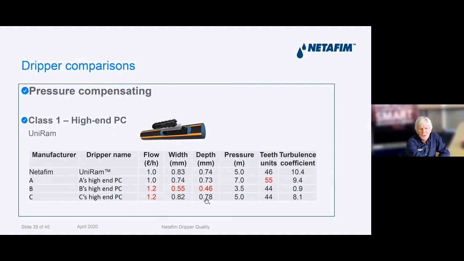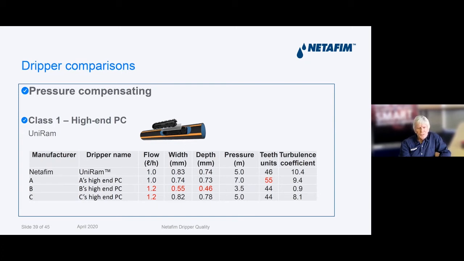And more importantly, with this design, it's got a similar number of teeth to us, but the flow rate is not 1 litre an hour, it's 1.2 litre an hour. So based on that, if they wanted to produce that dripper at 1 litre an hour, one would presume that they'd have to either add teeth or narrow the width and the depth even more. Similar with manufacturer C.